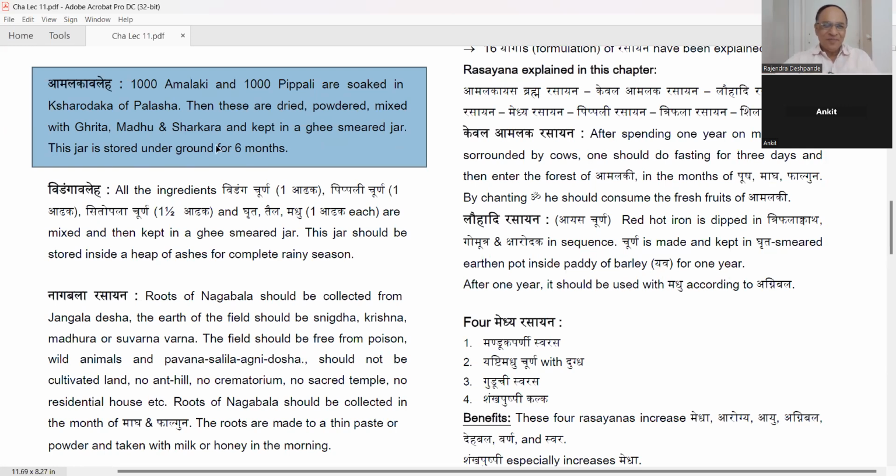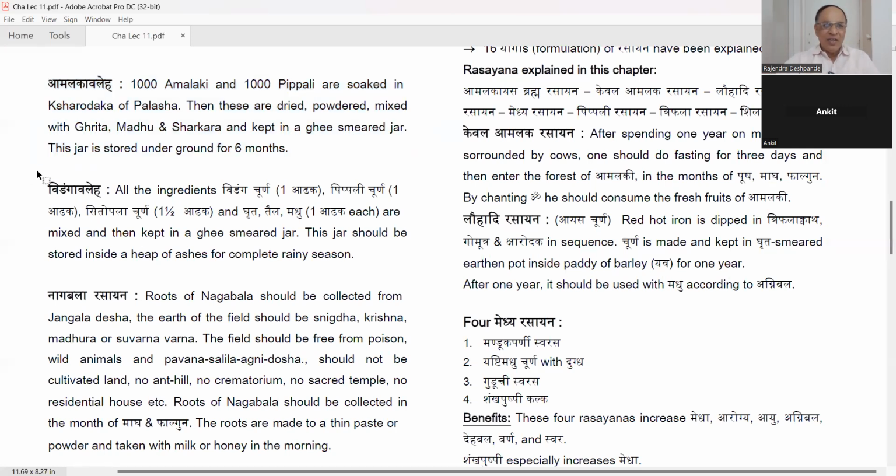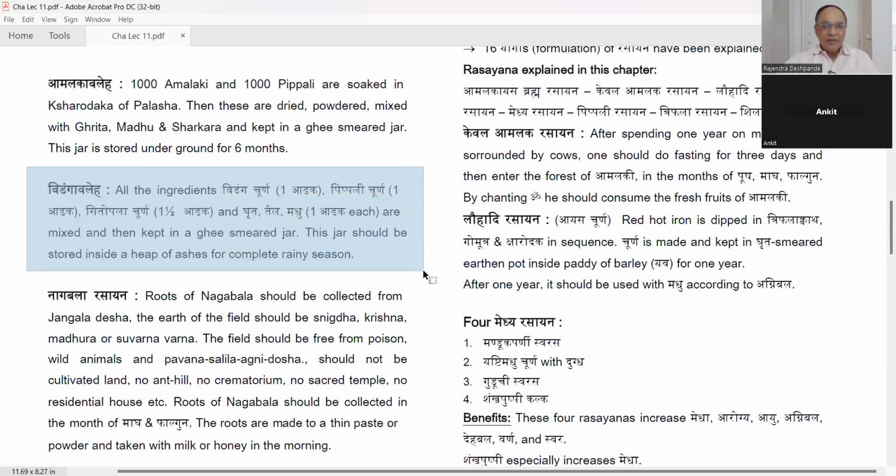Next tonic. Vidangavaleha, that is Vidanga. This is Krumighna. Please write down. Vidanga is always given to control your abdominal worms. Which are the 4 worms? Round worm, thread worm, tapeworm, and hookworm.